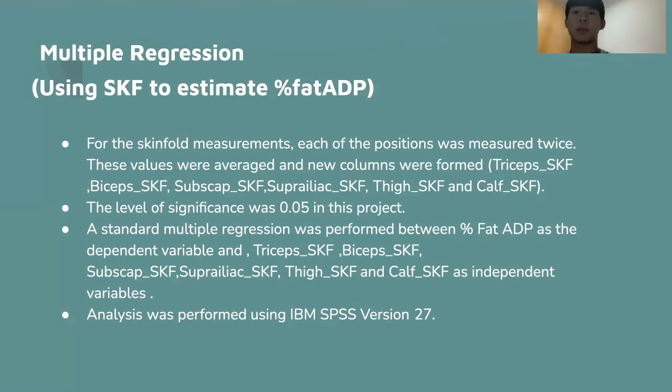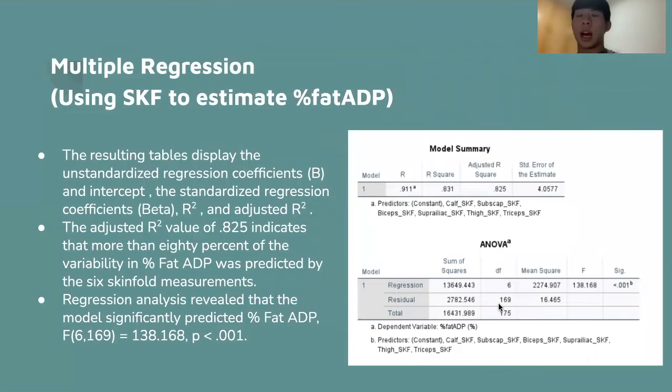A standard multiple regression was performed with the percentage fat ADP as the dependent variable and tricep, bicep, subscap, superior, thigh, and cleft, these skin fold measurements, as independent variables. Analysis was performed using IBM SPSS.